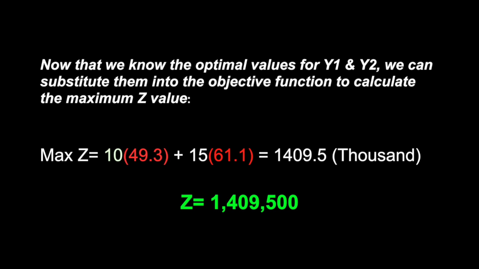Now that we have the optimal values of y1 and y2, we can go back to the original objective function and plug that back in to find the maximized solution. Now, when we replace y1 with 49.3 and y2 with 61.1 in the objective function, the result that we yield is 1,409,500.